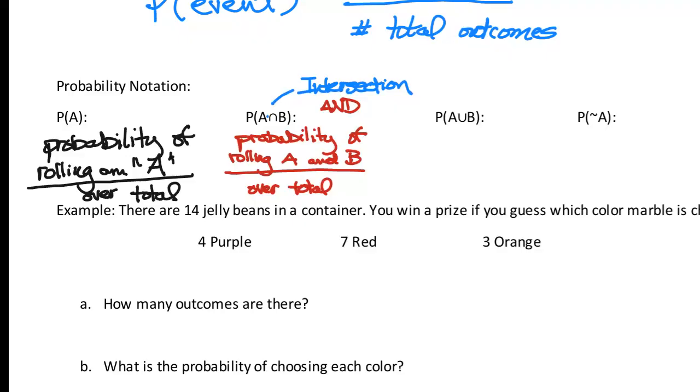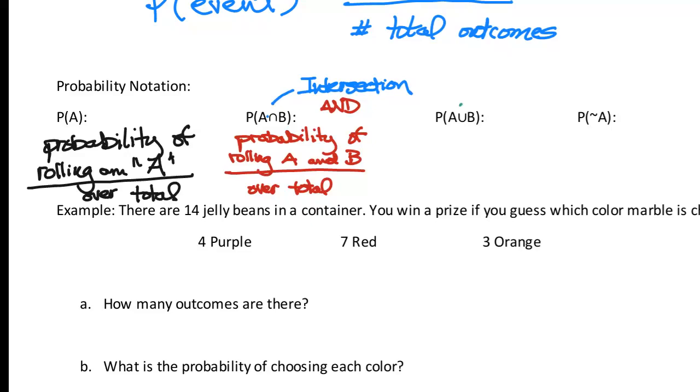Now, if I say that quickly, I told you I think it kind of looks like a small n. Think of it as A and B, A and B, A and B. So it has to be both of them happening. Okay? The next one is a union.